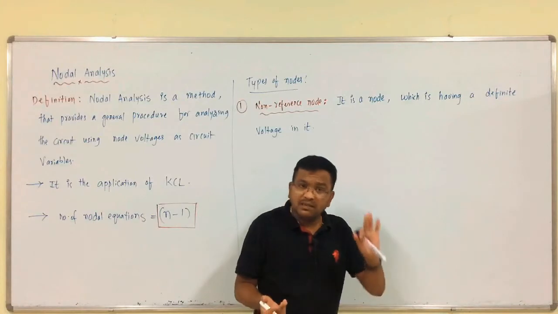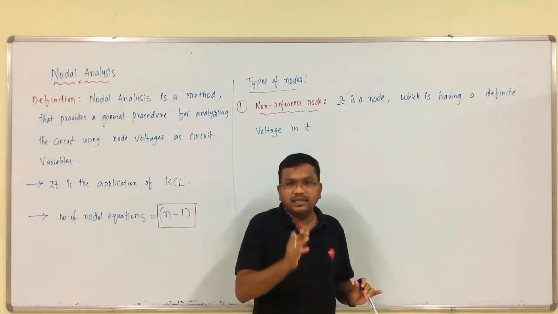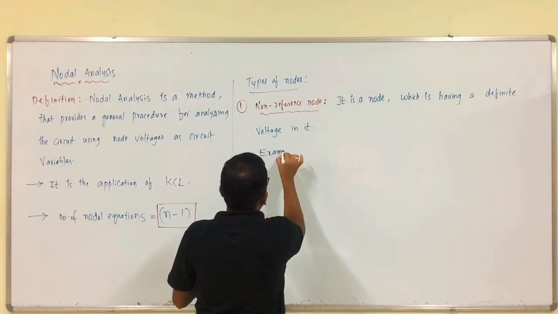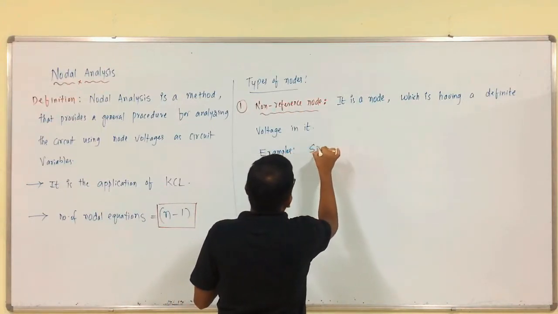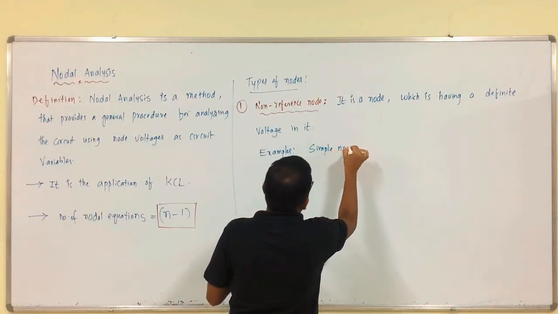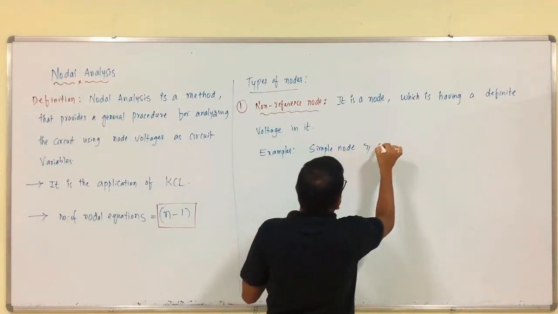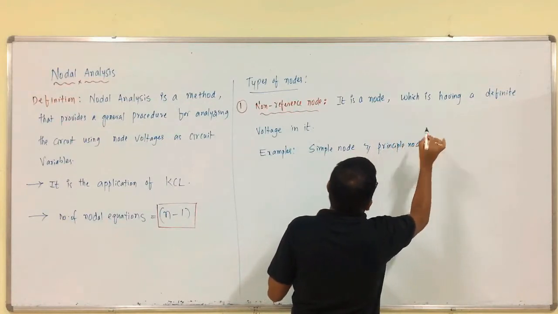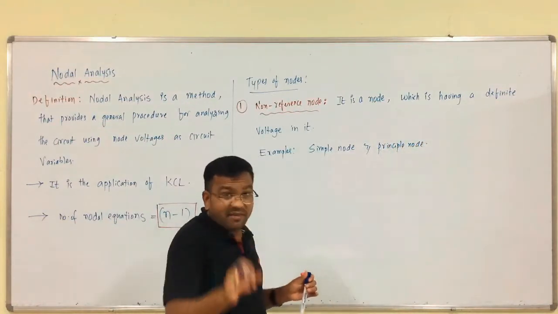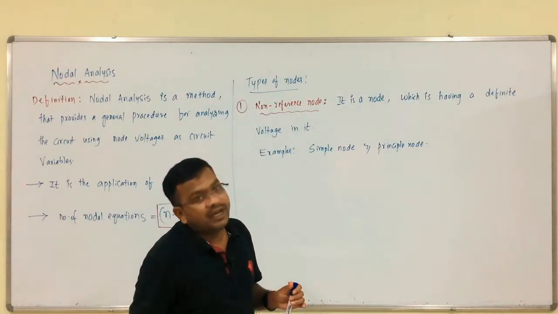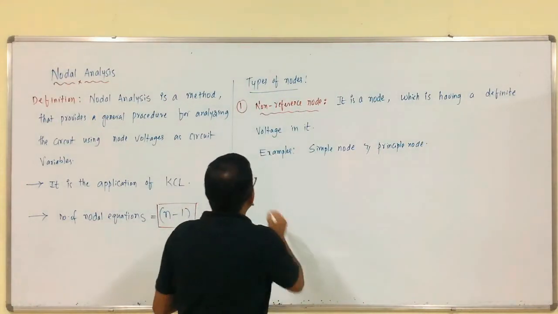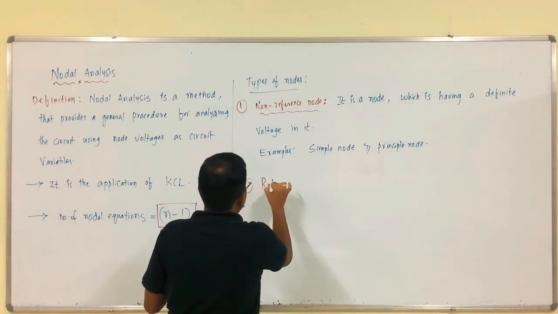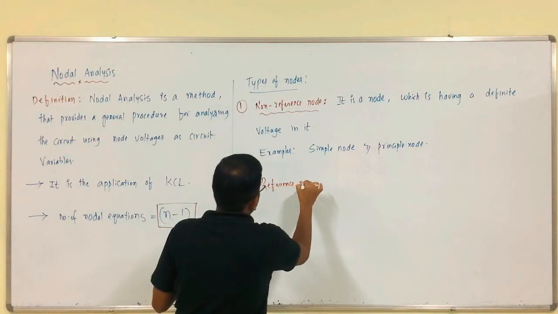So, examples are what? Simple node and principal node. So, these are the nodes which are having definite node voltages. Next one is reference node.